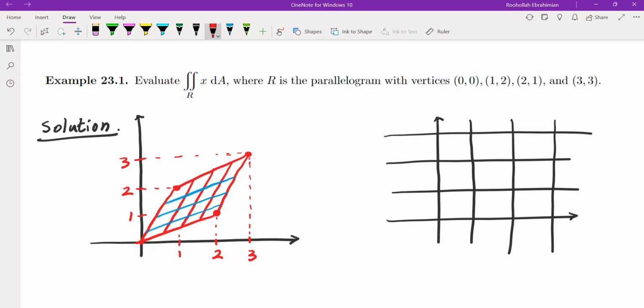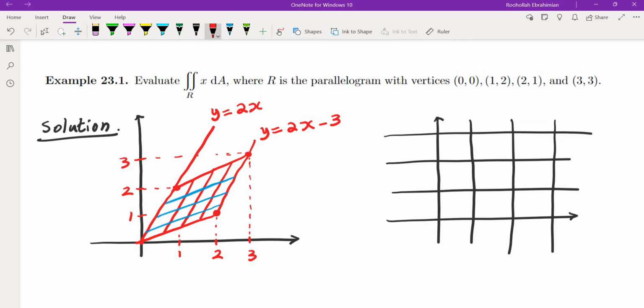Well, we can find equations of these lines. For example, this line right here is y equals 2x because the slope is 2 and the intercept is 0. This one is parallel, so it would have the same slope, and it passes through (3, 3). So when you plug in 3 for x, you have to get 3 for y, which means we have to subtract 3.